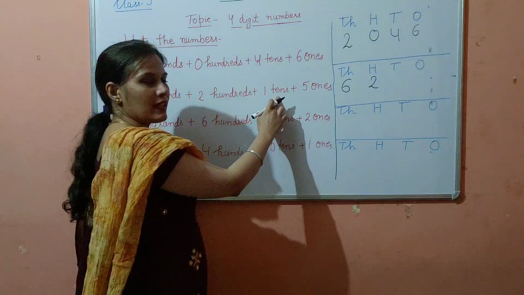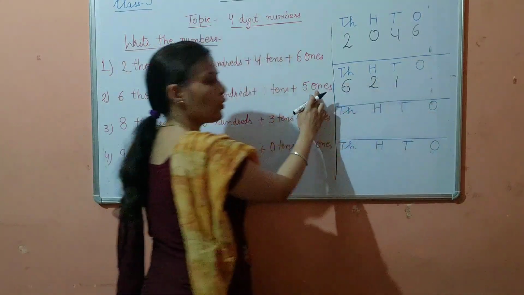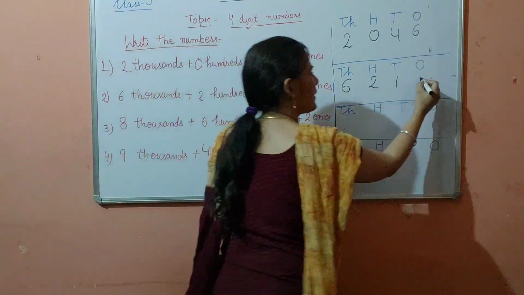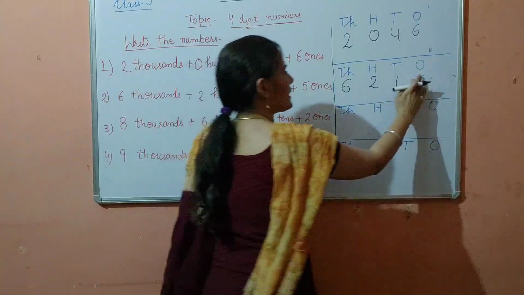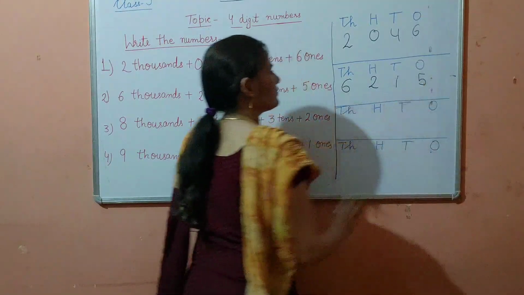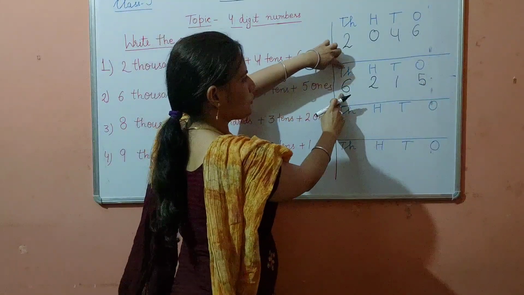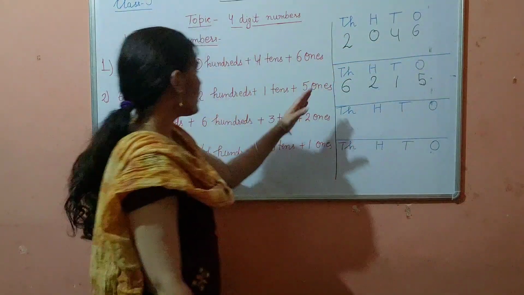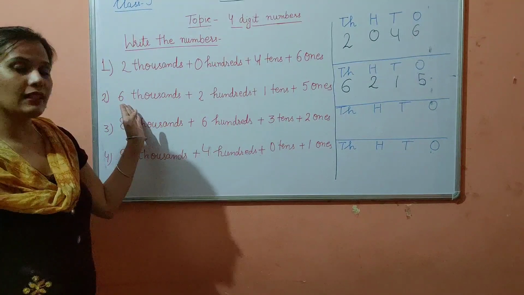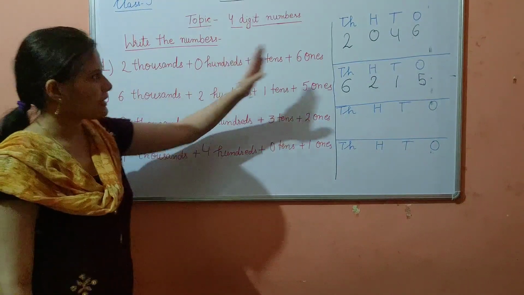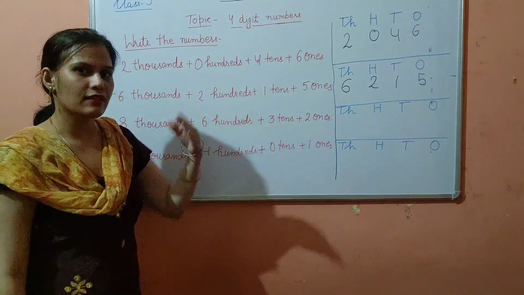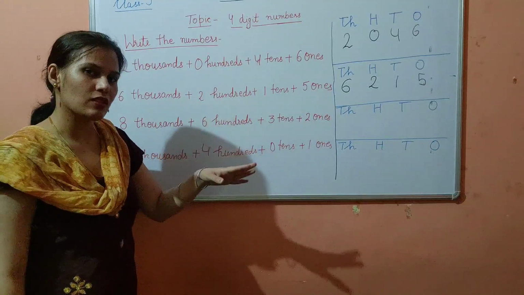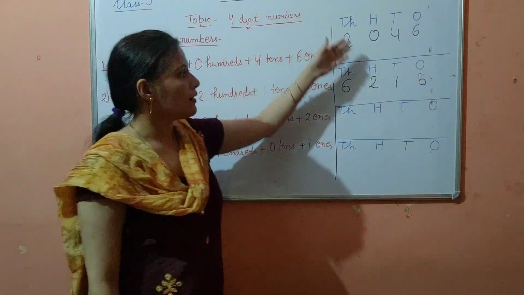And on tens place 1, and on ones place 5. Now you can easily read the number 6,215. So with the help of this you can easily write the numbers, and with the help of pictures you can easily write the numbers.